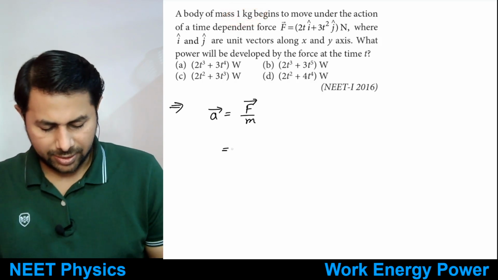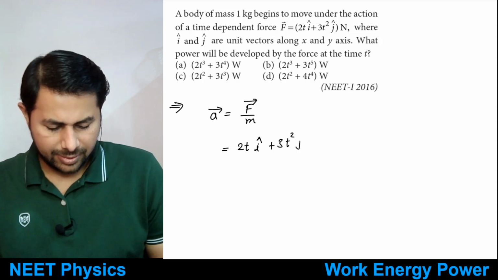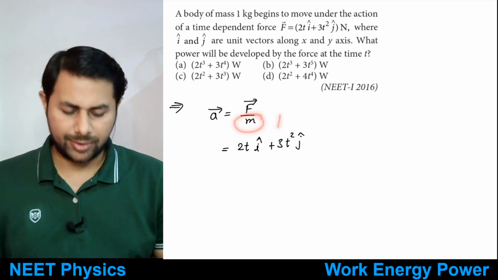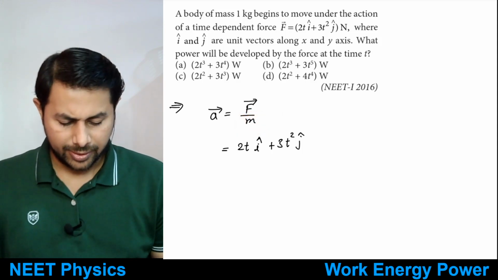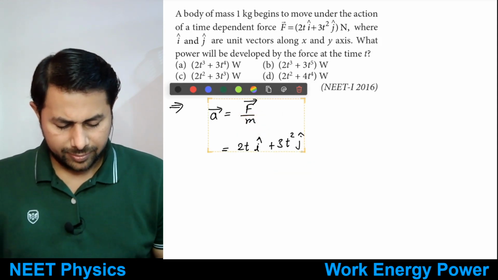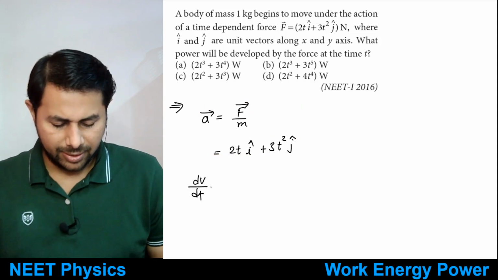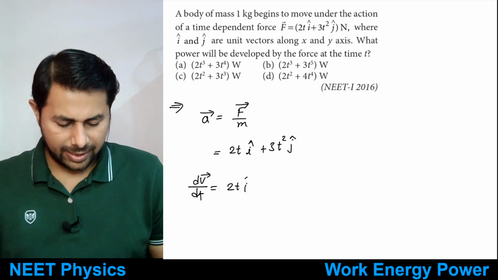So acceleration is also the same thing, 2t times i cap plus 3t square times j cap, because mass is just 1. So acceleration has the same magnitude as that of force. Then how can you find velocity from here? So this is dv by dt. dv bar by dt is 2t times i cap plus 3t square times j cap.